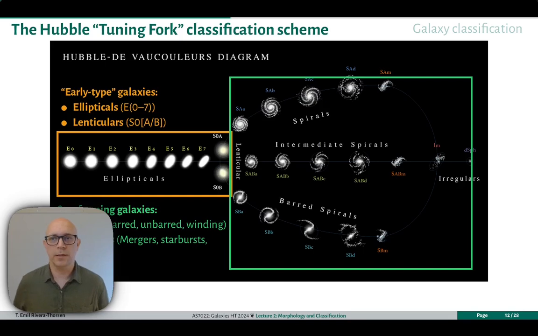On the other side of the diagram, we have the star-forming galaxies. These are spiral galaxies, and they are irregulars. As I said before, if we look at the spiral galaxies, these have in one arm, up here, the normal spirals, also called unbarred, and the barred spirals down here with some kind of intermediate spirals in the middle.